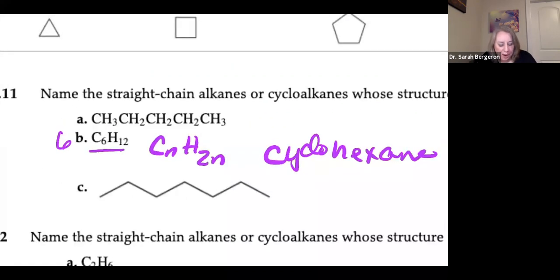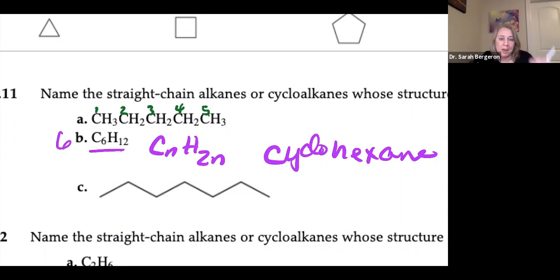Well, let's do A. So I'm going to count 1, 2, 3, 4, 5 carbons. Now they're telling me right here that it's not a ring. So this is not cyclo. So this is a regular straight chain alkane. It's showing me that with my diagram here, because otherwise it would have to be connected.